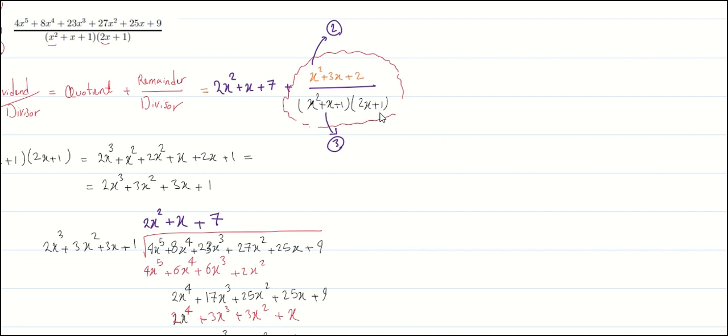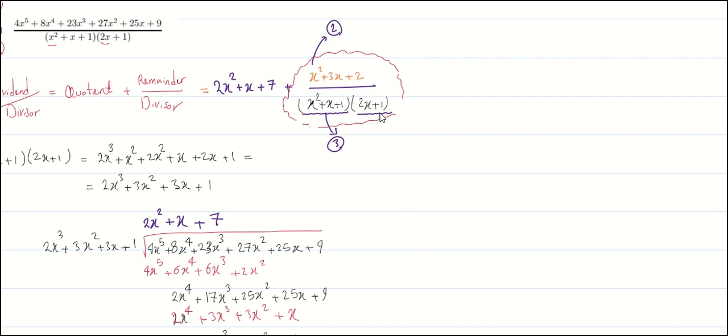So we're just going to look at the factors on the bottom. As you see in here, we have one linear factor, which is 2x plus 1, and we have one quadratic factor, which is irreducible.